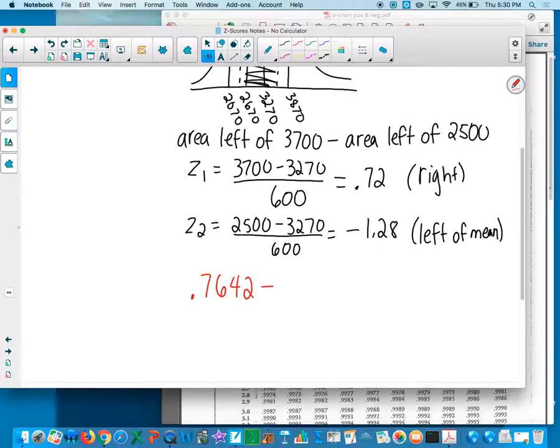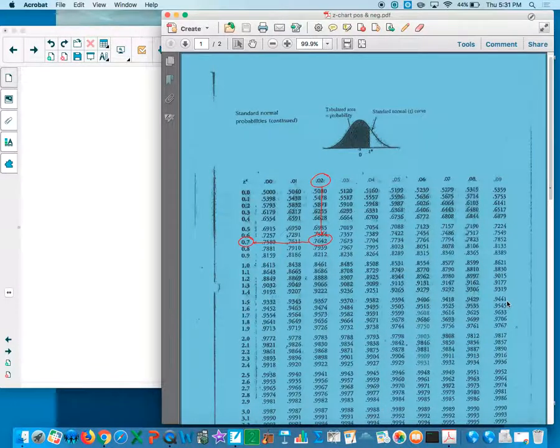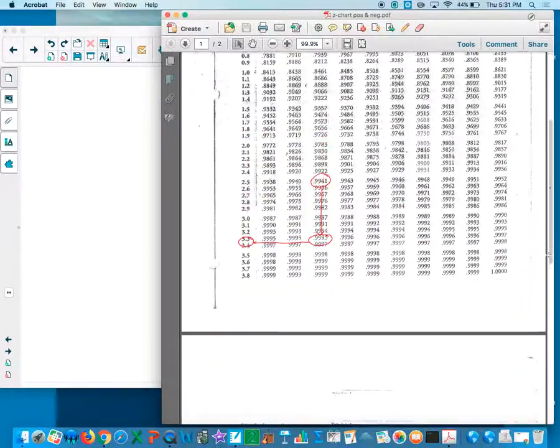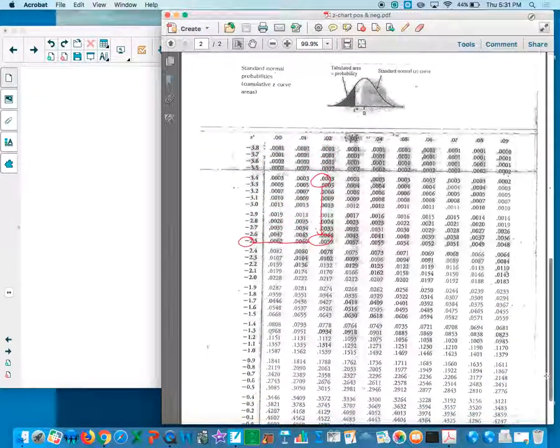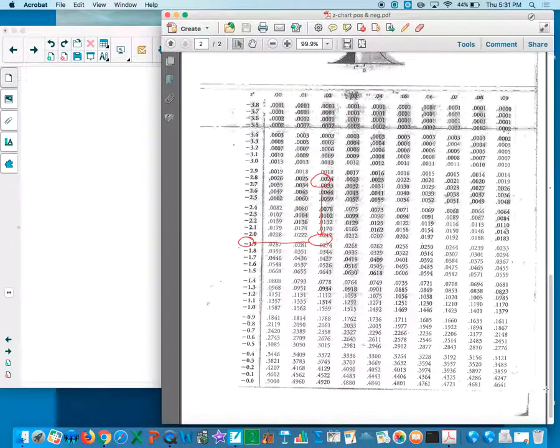And if you're not sure which one to subtract from the other, it's always the bigger minus the smaller. So find each of them, and then when you're determining which one to subtract off, do the smaller one from the larger. Right, so notice the back of your sheet has all of the negatives. So we want to get to negative 1.28. Go down to negative 1.2.